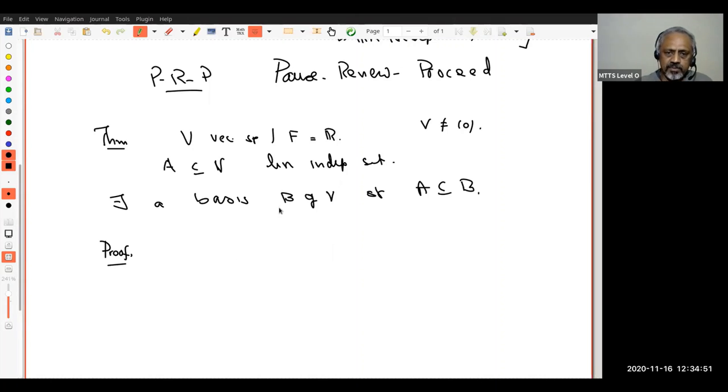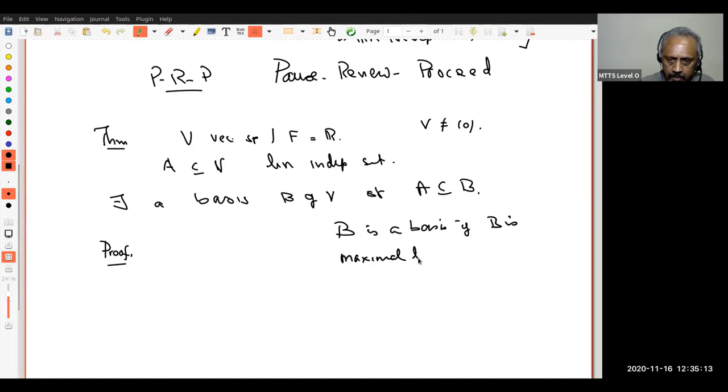Now, what is the definition of a basis? In a general vector space, I say a subset B is a basis if B is maximal linearly independent. There are equivalent definitions; again, I had given them in one of my videos. One equivalent condition is that B is linearly independent and a spanning set.